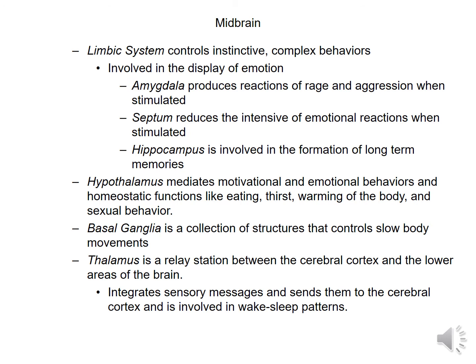The hypothalamus is the part of the brain that regulates the pituitary gland, and it signals the pituitary gland to secrete hormones. It's called the hypothalamus because just above it is the thalamus, which is a relay station between the cerebral cortex and the lower areas of the brain.